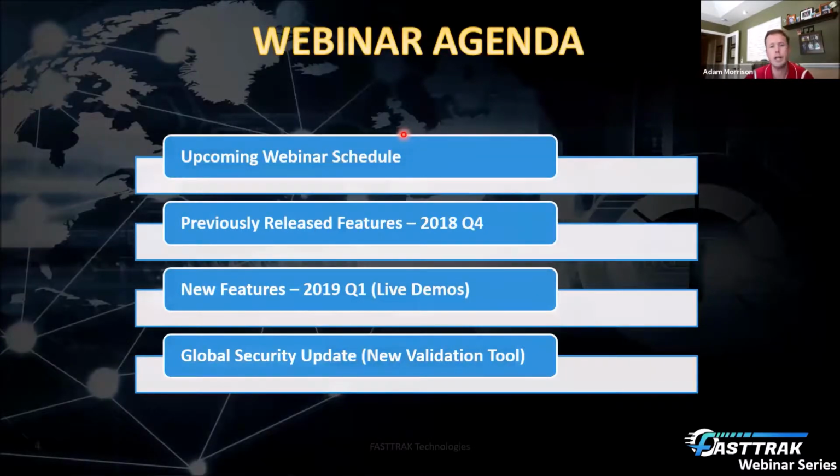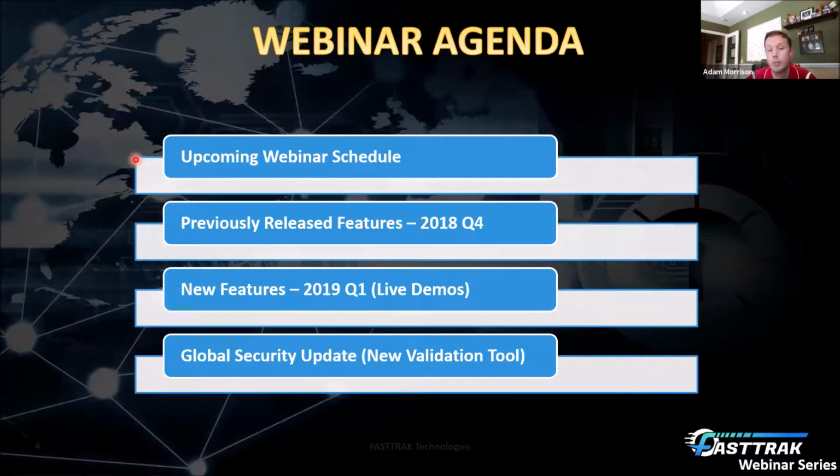All right, so today, the webinar agenda: we're going to go through some upcoming webinar schedules because I think there are some important ones that you will want to know about. We're going to go very quickly through a list of the features that were released in the last release, end of 2018. Just want to make sure you are all aware of them if you haven't seen them within the application to date.